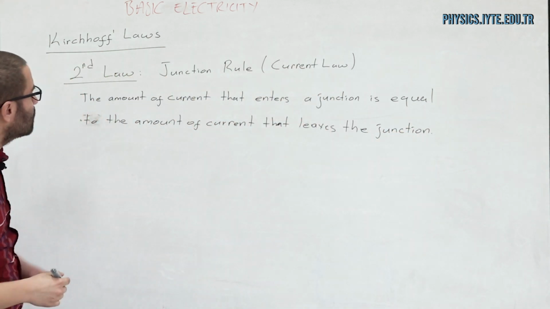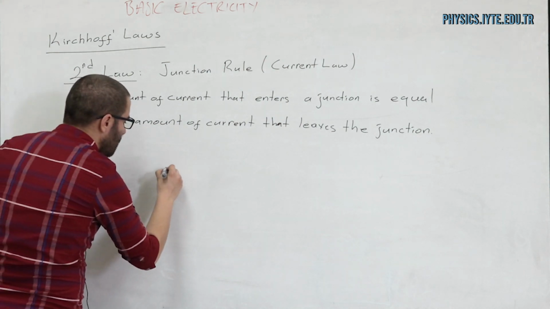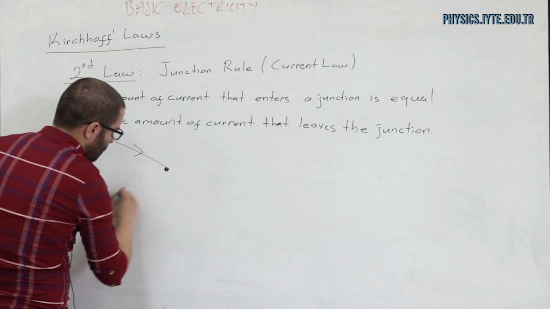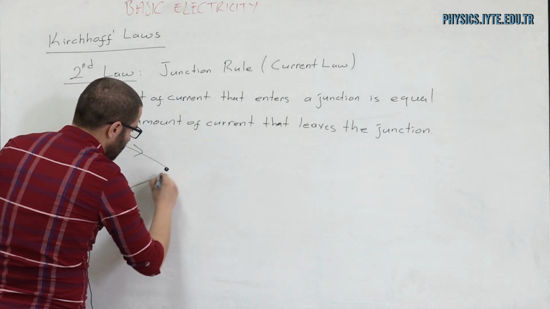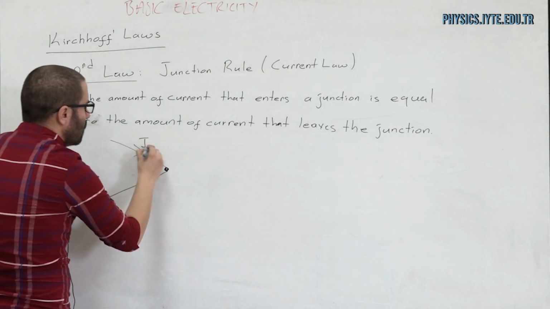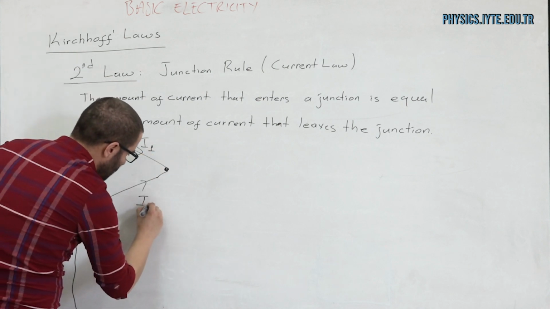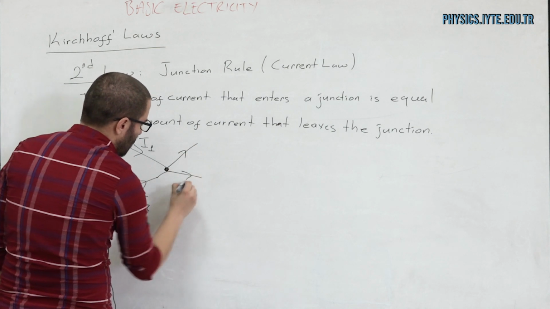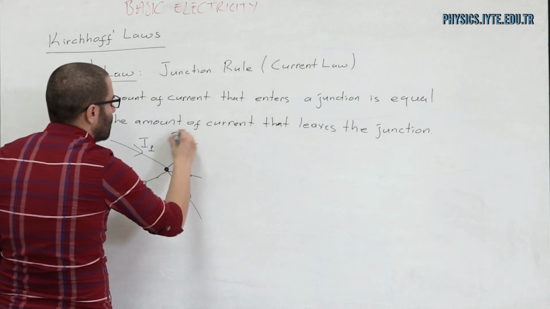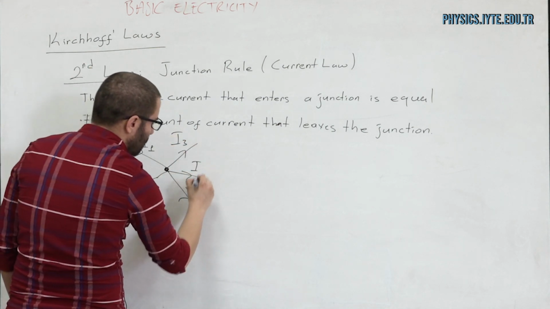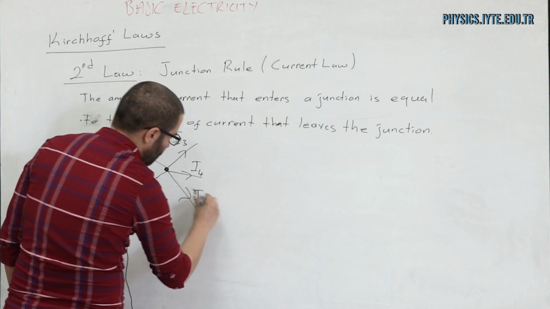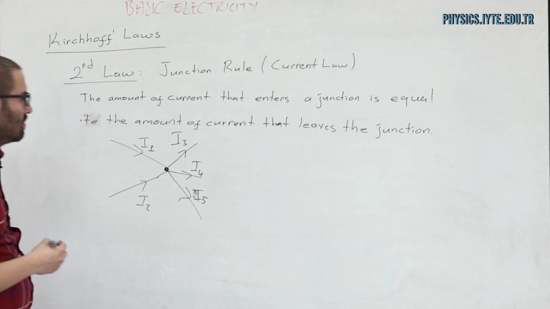In order to see this more clearly, let's have a junction here. And I have two currents, I1 and I2, entering the junction, and three currents, I3, I4, and I5, leaving the junction.